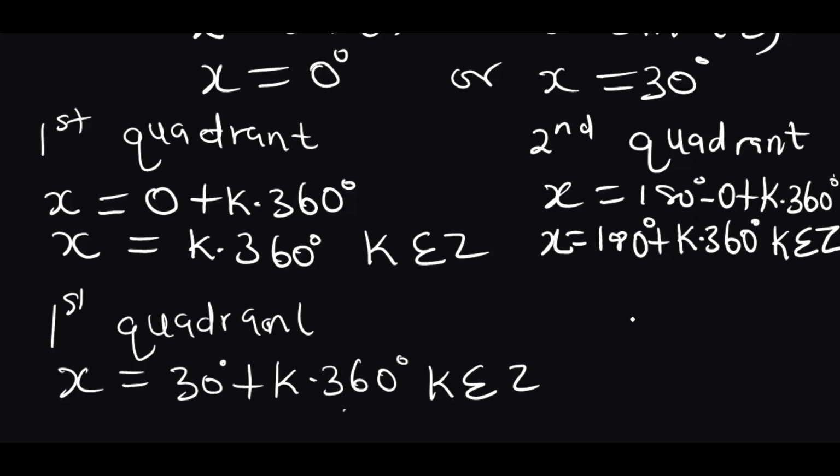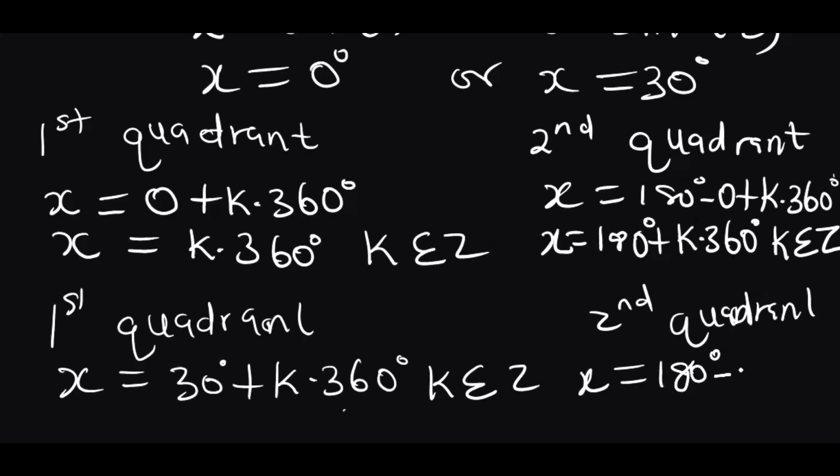Then in the second quadrant, we will have x is equal to 180 degrees minus 30 degrees plus k times 360 degrees.